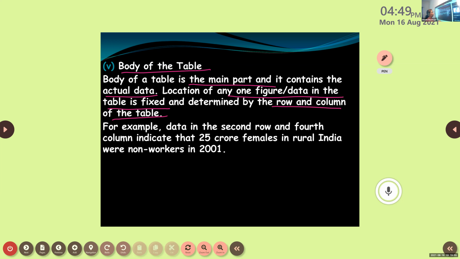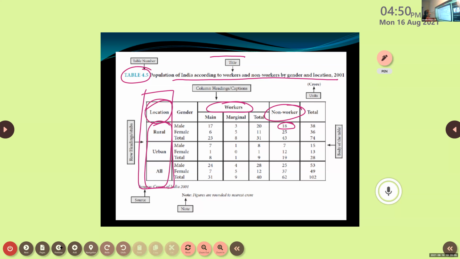We look at both row and column to identify the figure. For example, non-worker male in the urban area, what is the answer from this table?